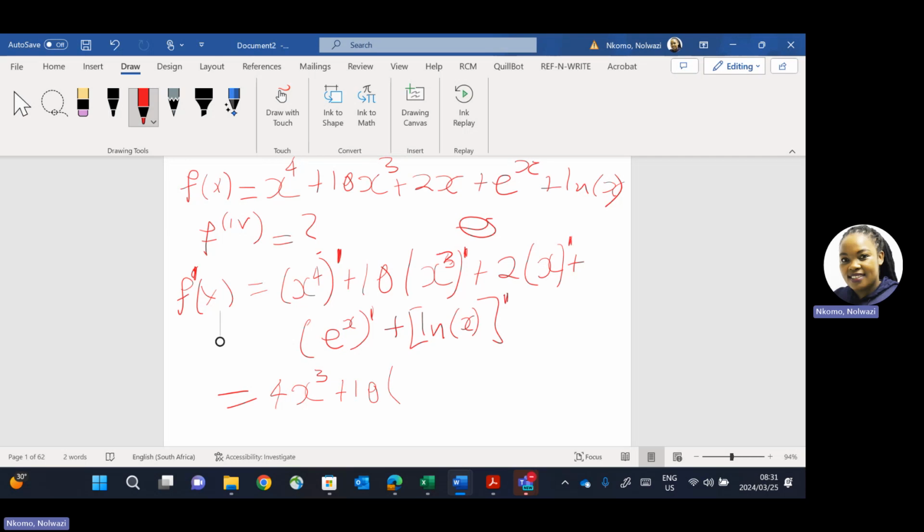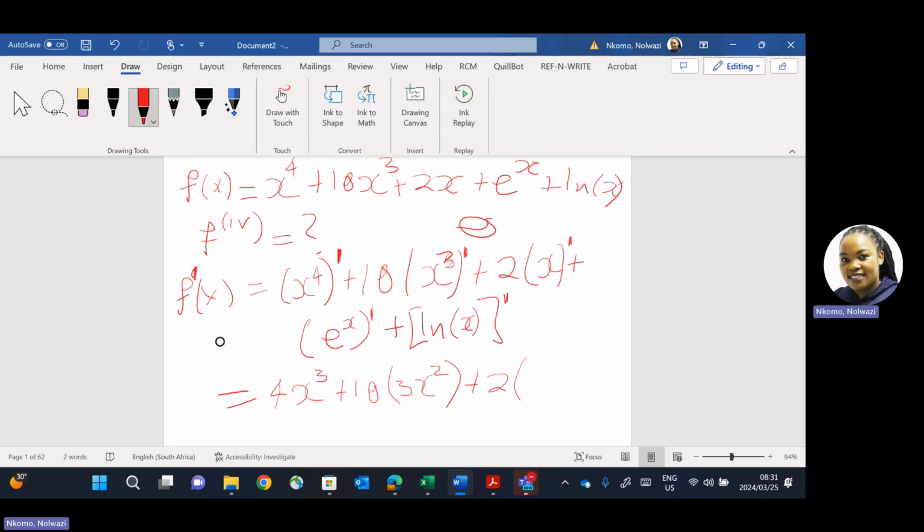Plus 10 times. Again, you have x cubed. You need to apply the power rule again. If you apply the power rule on x cubed, it would be 3x squared, right? Plus 2, differentiating x, again, it's the power rule. If you apply the power rule, then you will have 1, because you have 1 times x to the power 1 minus 1.